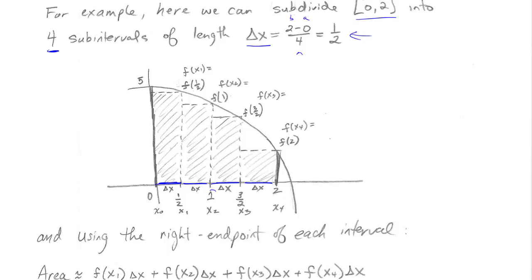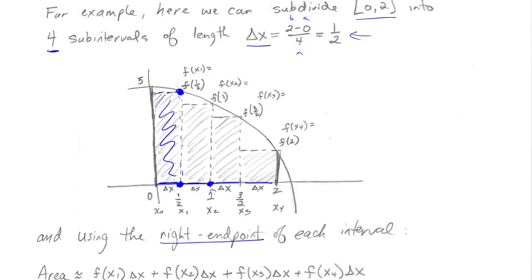Now, the idea of using the right endpoint is that's how we're going to figure out how tall the rectangle is. So the first rectangle is going to be based off of this right endpoint, giving us this value of the function, and that's why we're getting the rectangle as denoted here. So then we go to the next subinterval, the one from 1/2 to 1.